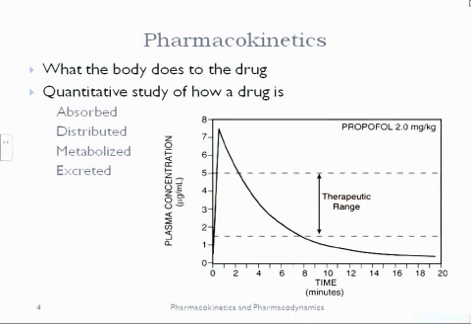When you look at this graph, this is an intravenous bolus dose of propofol. You can see as soon as you inject it intravenously, it rapidly increases in plasma concentrations within around 30 to 45 seconds, which is what you expect when you inject something through the IV. And it hits its peak plasma concentration at that point.